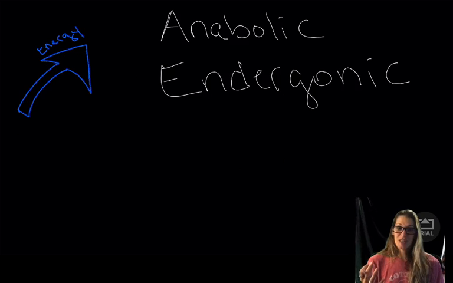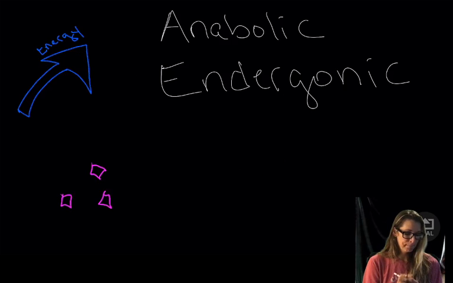Much of this energy that's released from ATP hydrolysis is used in anabolic reactions. So remember, anabolic reactions are endergonic. Anabolic reactions are building things, and they require energy. We used the example of taking individual glucose molecules, so we have our little individual glucose molecules over here.